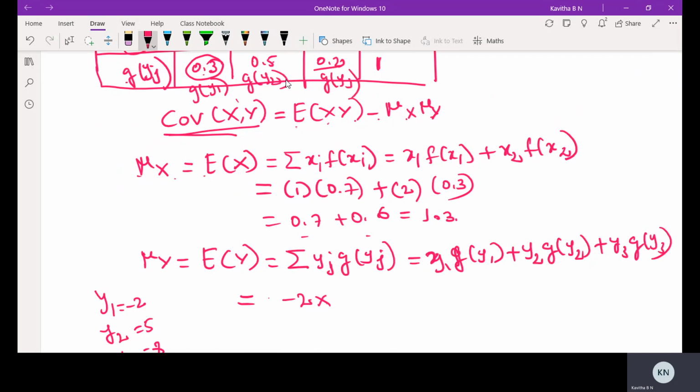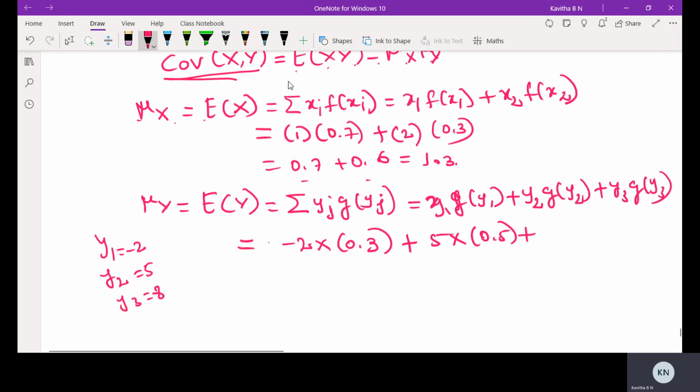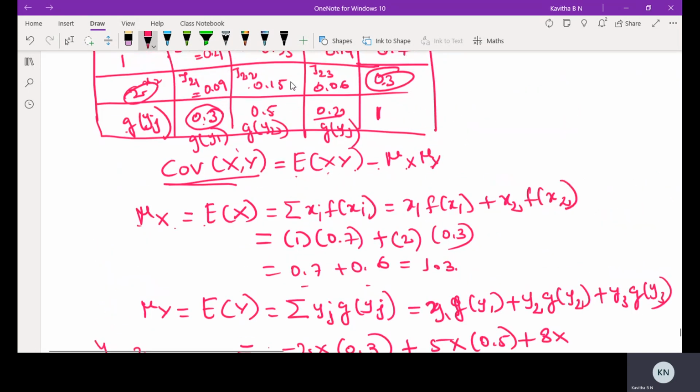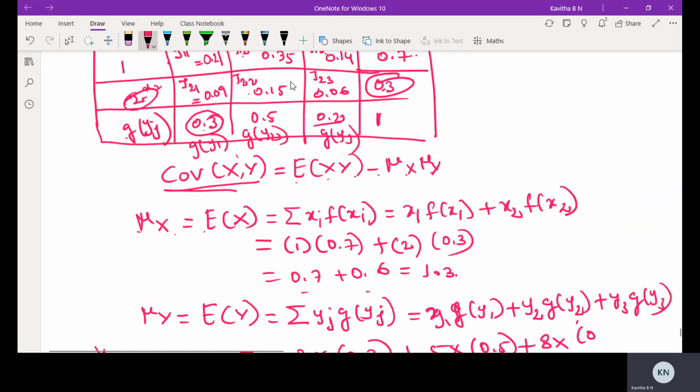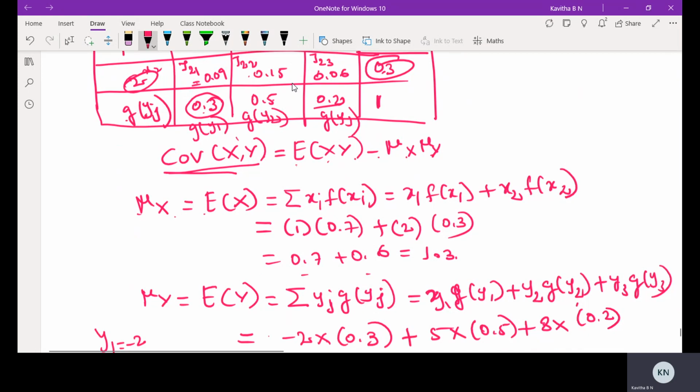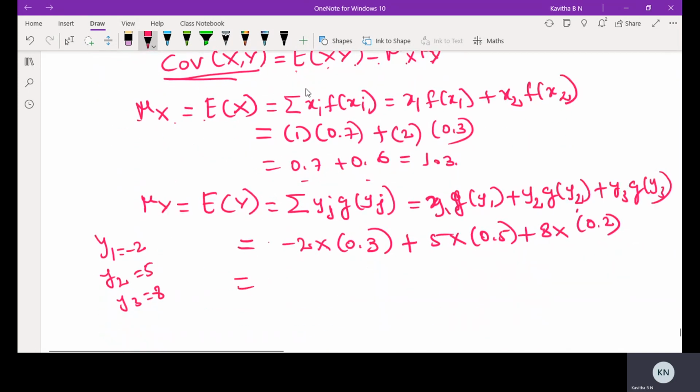Okay, minus 2 into 0.3 plus 5 into 0.5 plus y3 is 8 into g of y3, which is 0.2. Okay, what will we get here?